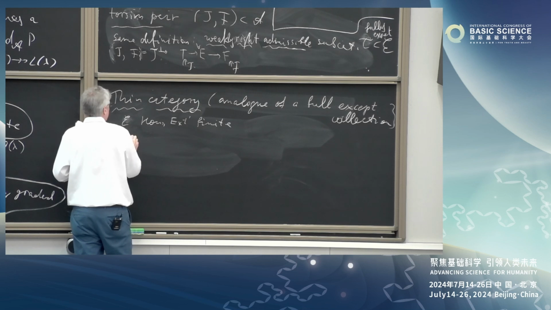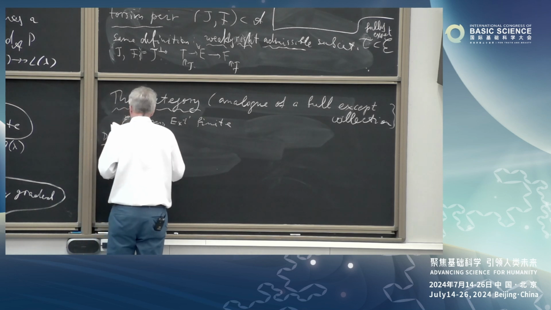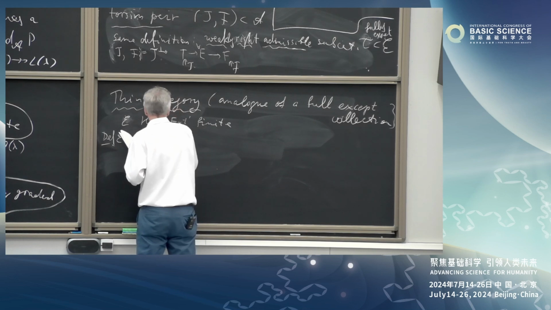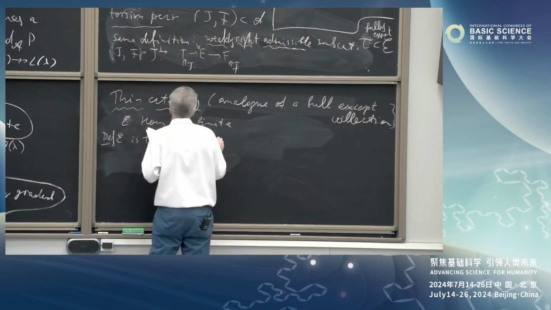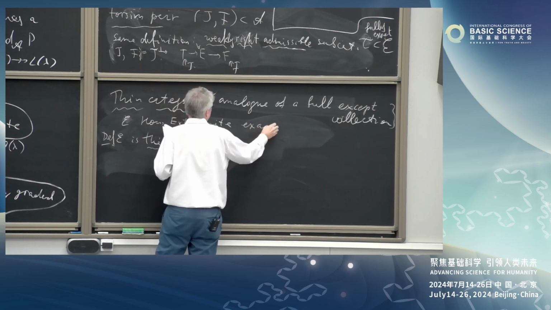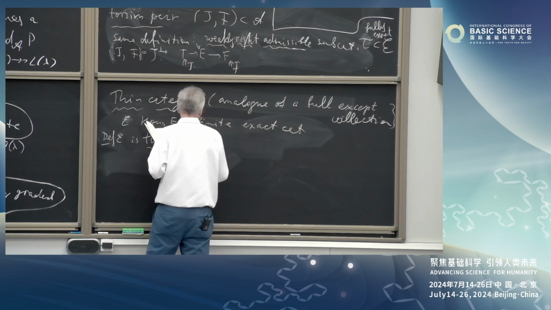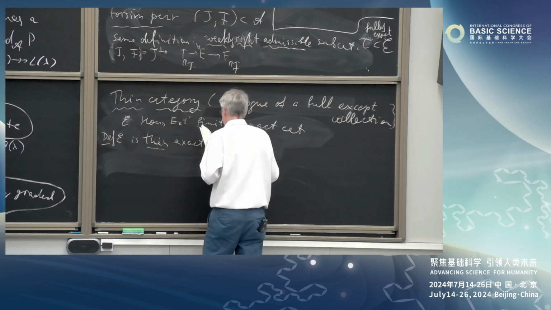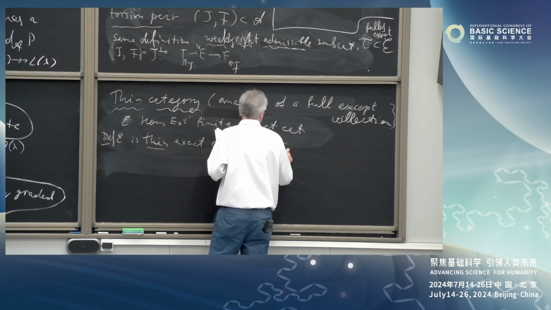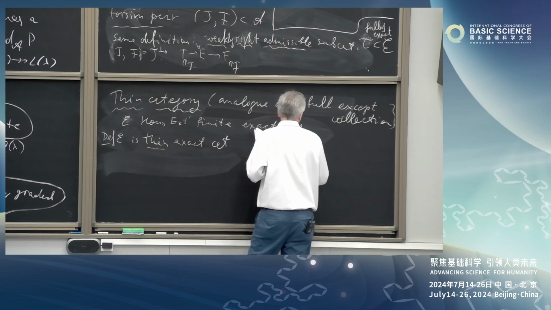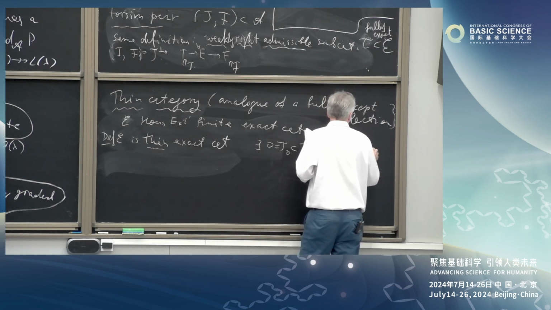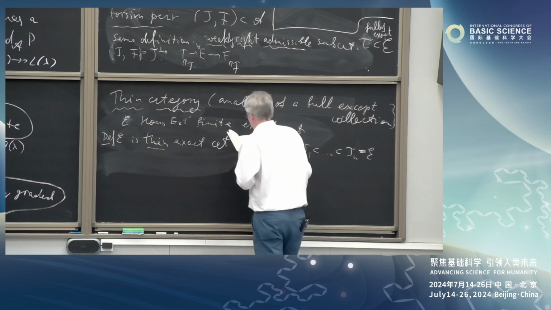And then E is thin, by definition, thin exact category, if there exists a filtration by fully exact subcategories with graded factors.